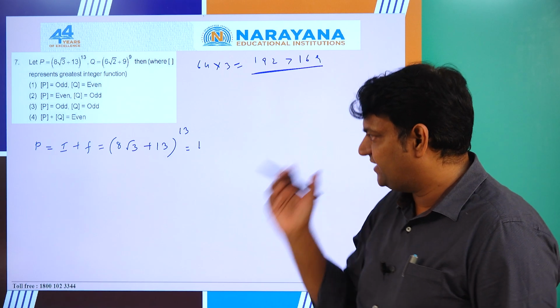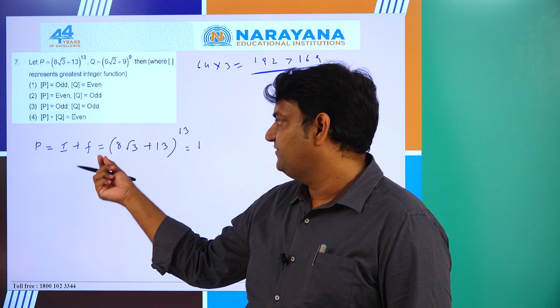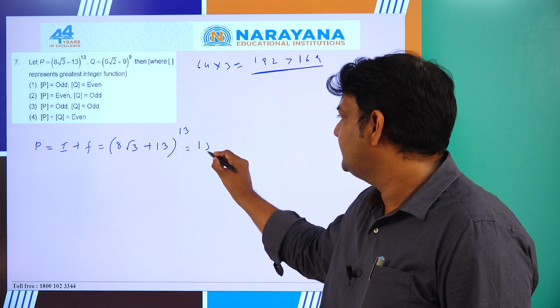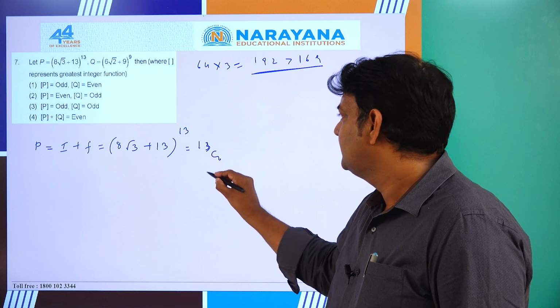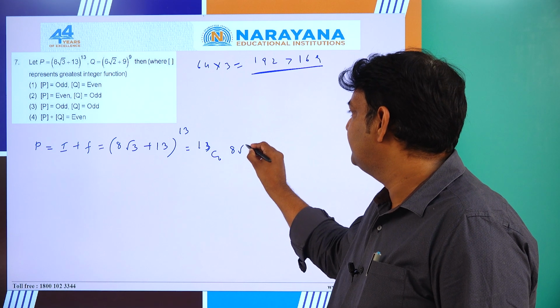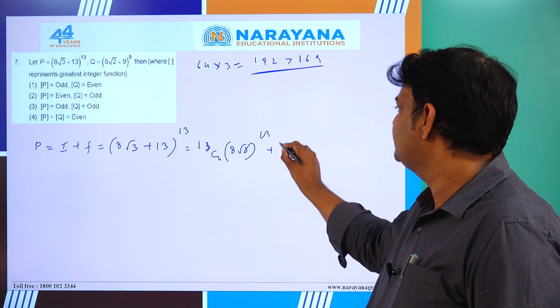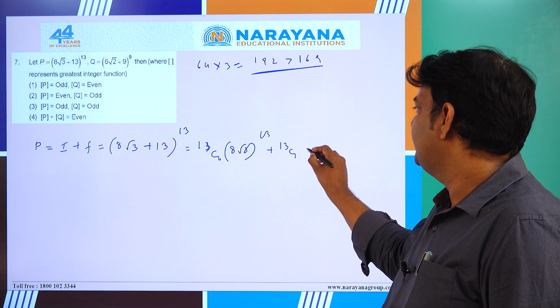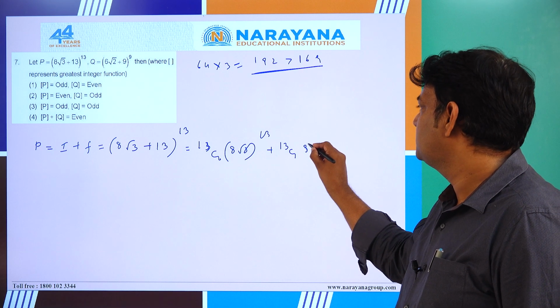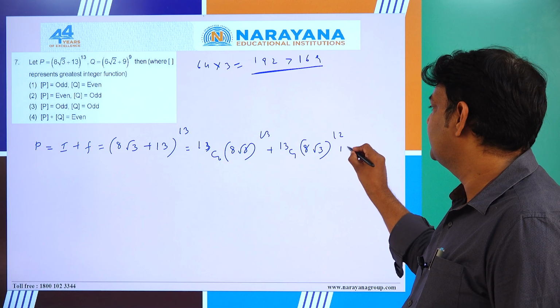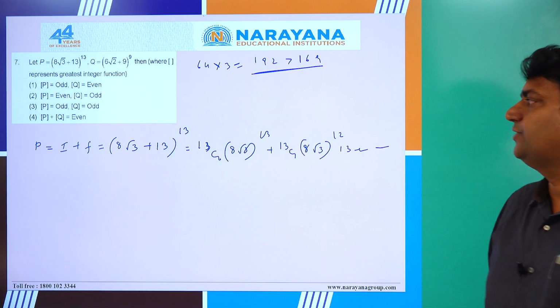Always remember that for such problems, when we consider the difference, it is bigger minus smaller. So what is the expansion? Let us write 13C0 (8√3)^13 plus 13C1 (8√3)^12 into 13, and it will keep on going like this.